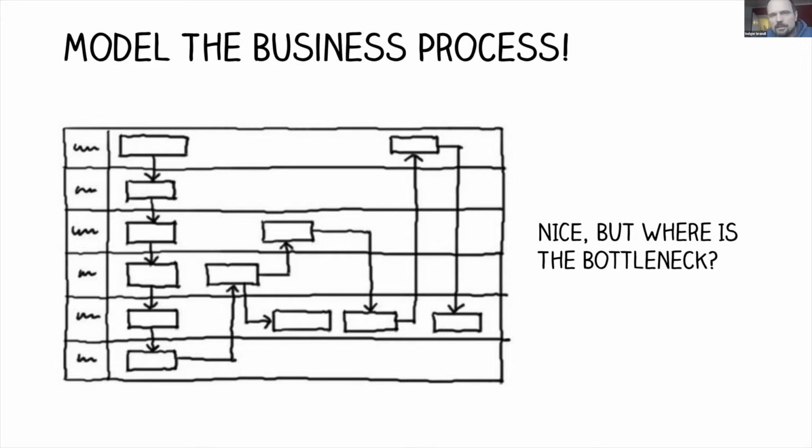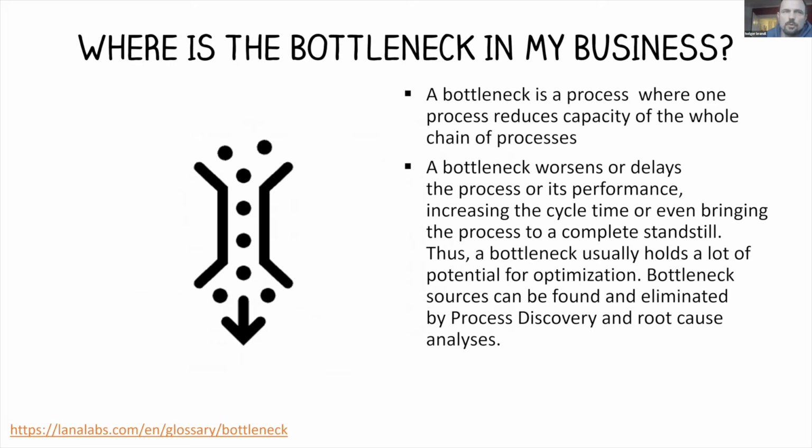So it may remain hidden where the bottleneck is, the bottleneck we may want to address in our optimization project. So what specifically do I understand as a bottleneck? Usually a bottleneck refers to a process which reduces the capacity of the whole chain of processes. In a factory, for instance, you could have a single tool which basically limits the throughput.